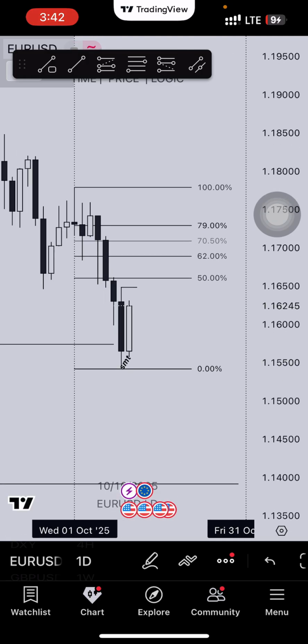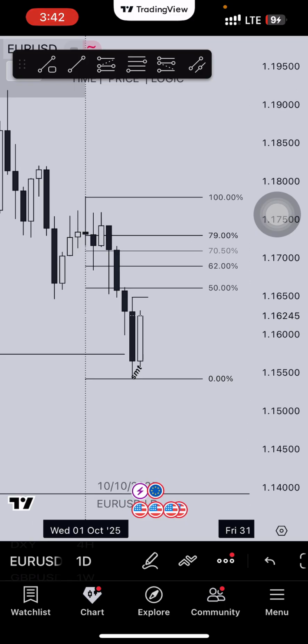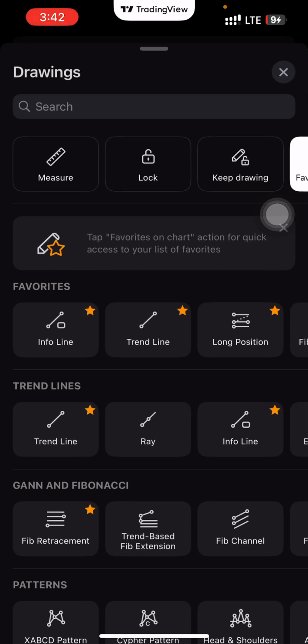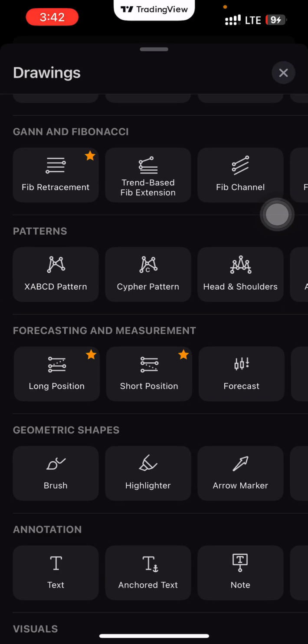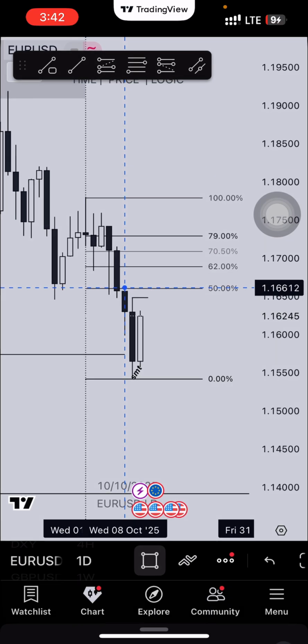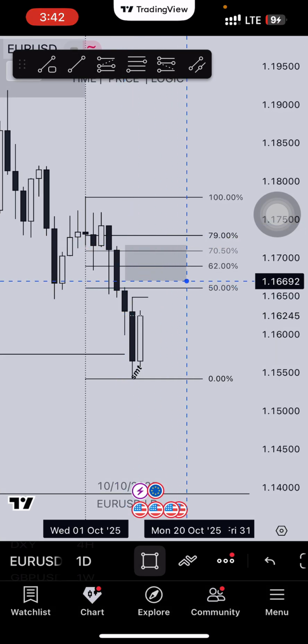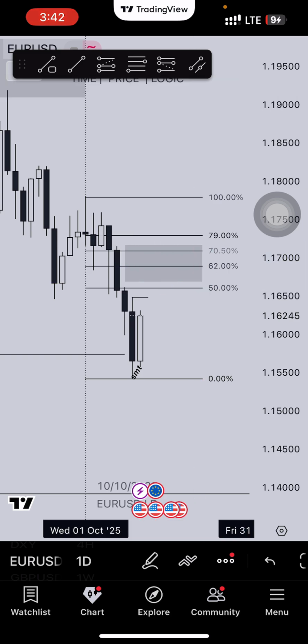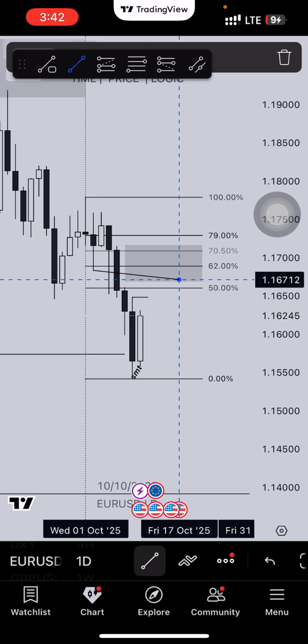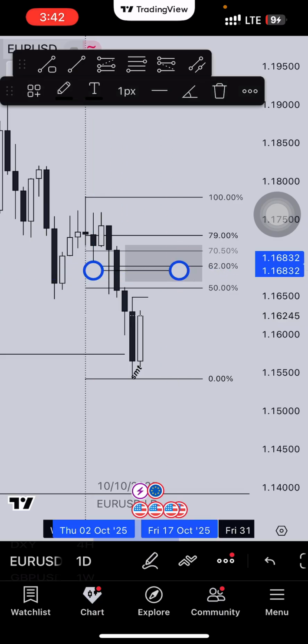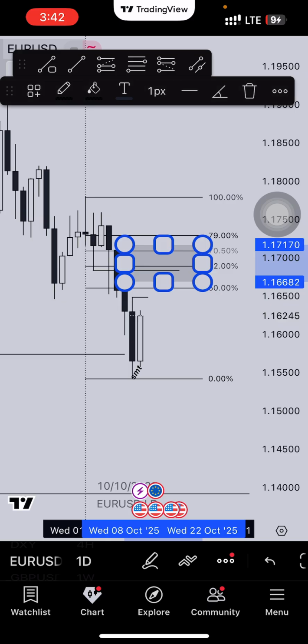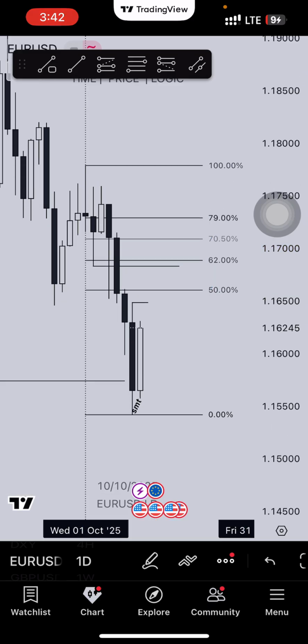Now that we've seen this, let me just mark out the sweet zone for you right here. Inside of the sweet zone, you'd see that there is a key level. And where's the key level? This is the key level. This breaker block right here.